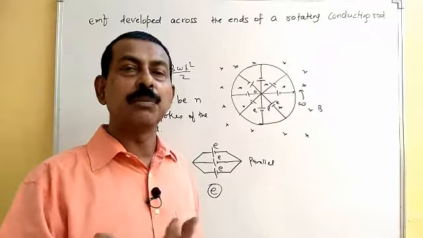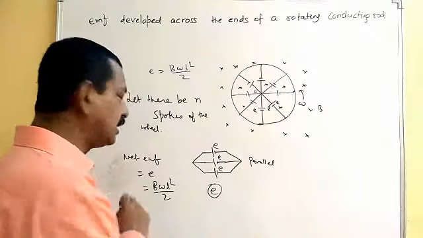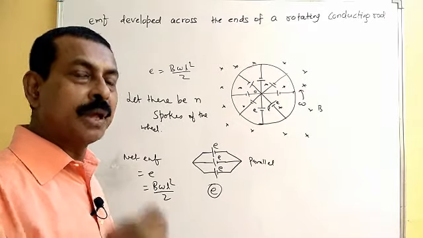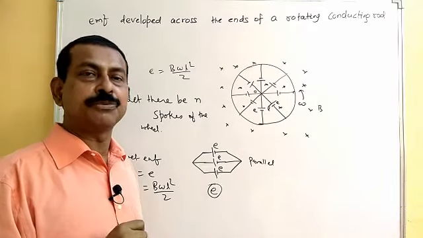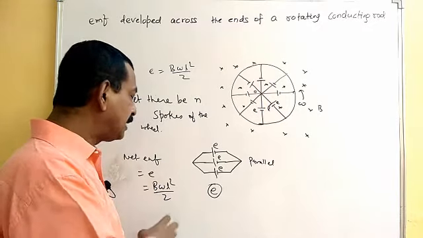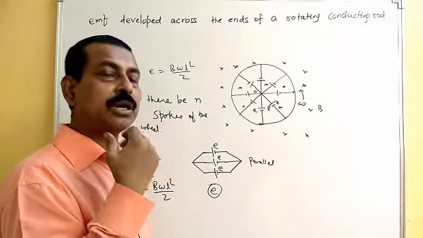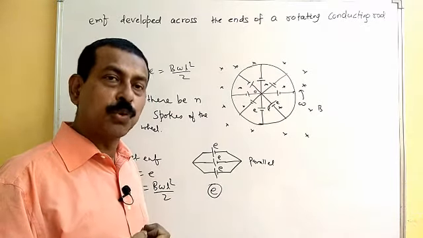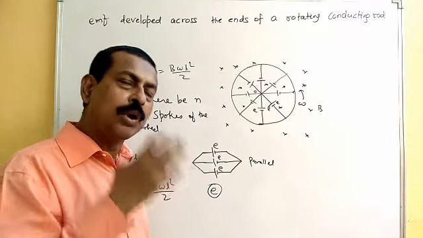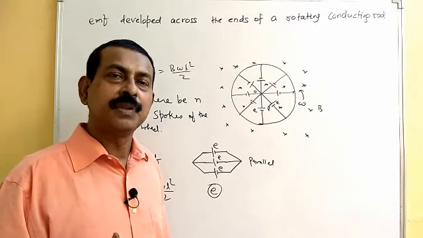Whether it is a single spoke, a double, or n spokes, it is the same value of the EMF. But one more conclusion we can draw from this. If you assume that there is no effect of increasing or decreasing the number of spokes, and you go on increasing the number of spokes, what figure will you ultimately get?